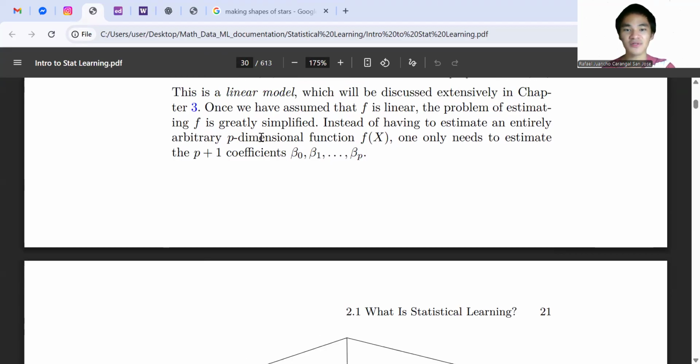And these numbers are solely based on the number of predictors that we have. So if we had 3 predictors, then we have 4 coefficients because it's p plus 1. If we had 4 predictors, we would have 5 coefficients. If we had 6 predictors, we would have 7 coefficients. So it's always a plus 1.